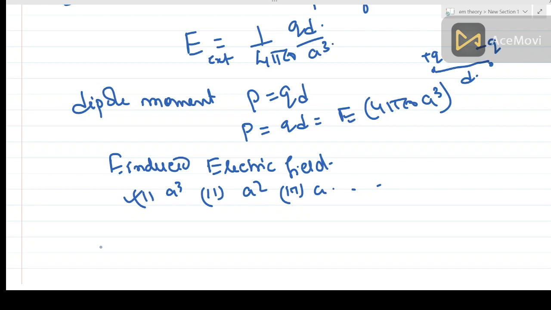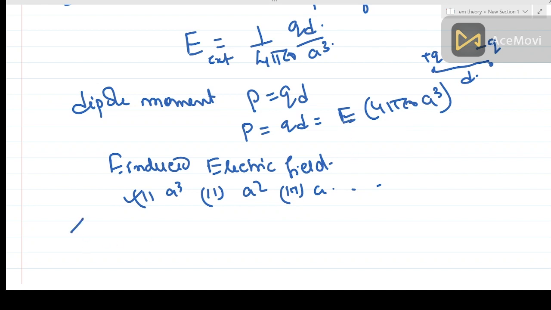It is the strength of the dipole, the dipole moment created due to the external field. When the external field creates a separation of charges by some small distance, a dipole is created, and the dipole moment of this dipole is this quantity E into 4 pi epsilon naught a cube. This is the external electric field.